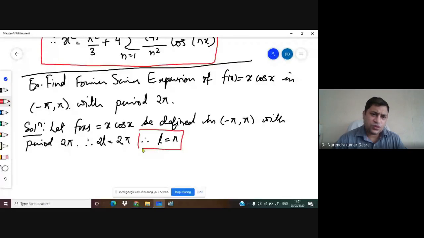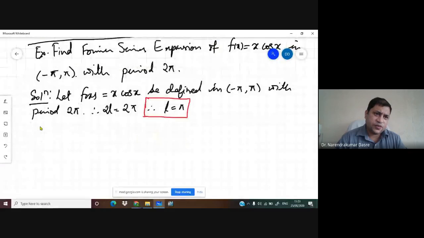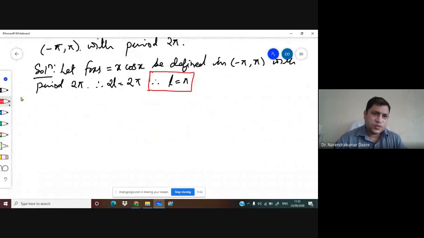Now we have to check whether this function is going to be even or odd. Since x is odd and cos is even, the product of this odd function and this even function is going to be odd.